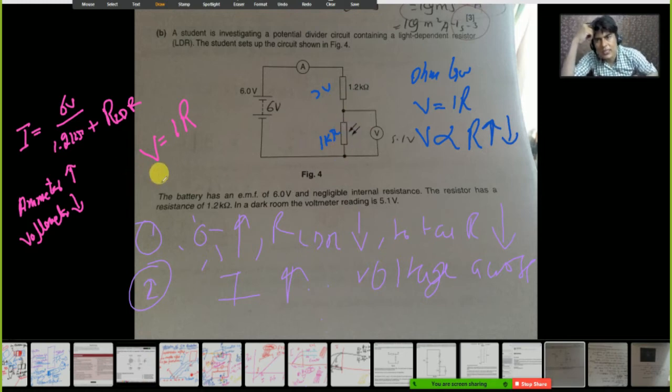So if current is the same, the voltage is directly proportional to resistance. If the resistance is high, then the voltage across this resistor will be high. But if the resistance value is low, like in the morning, then the voltage across this will also be low in the morning.